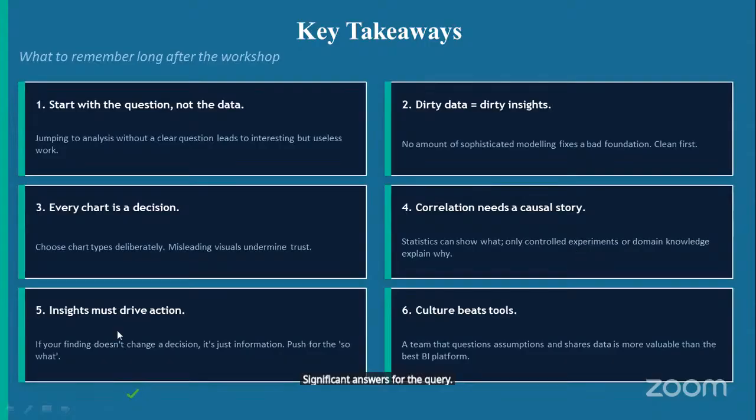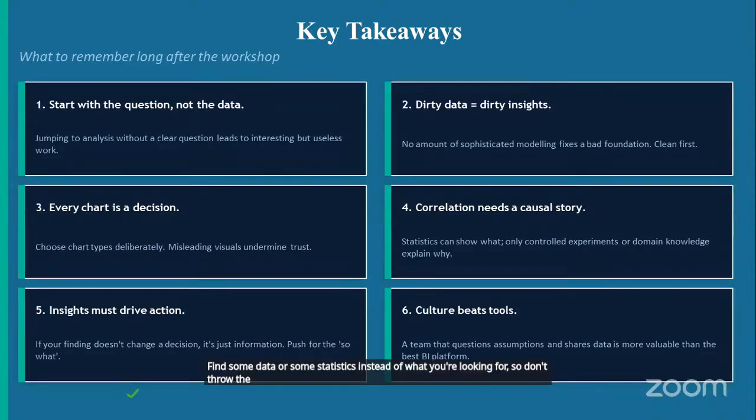And also insight must drive action. So you try to find some data or some statistics for what you are looking for. So don't throw the data and don't throw the calculation. You try to understand or correlate or bring some conclusions from the statistics which you have received from the calculations.